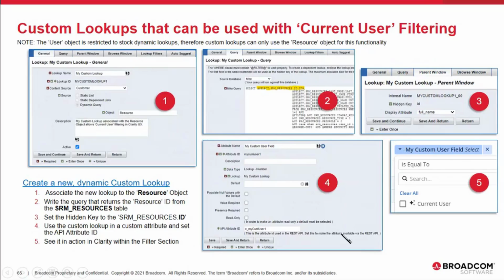And then when you populate that to create an attribute, you should populate its API alias so that it is available in the modern UX. Once all of these criteria are met, you can filter for that custom field using the smart filter for current user. So any customers that have lookups defined this way can right away filter using the current user field.